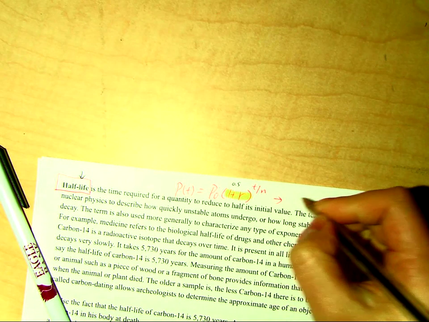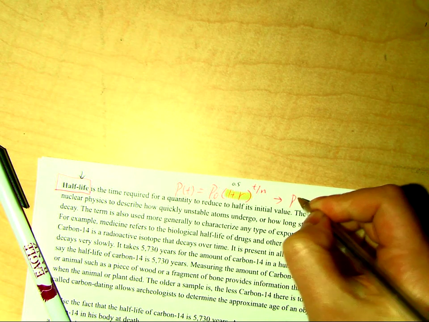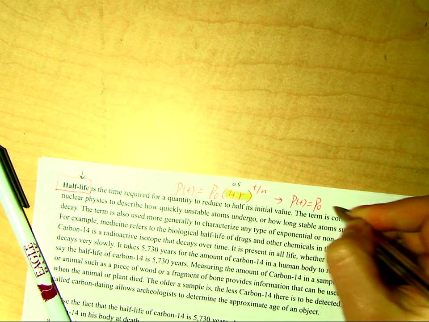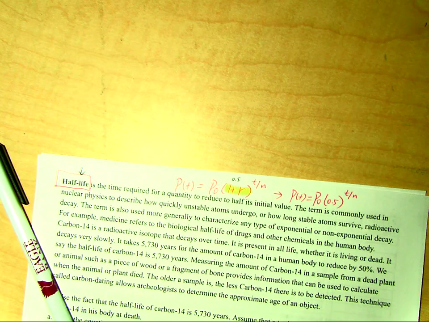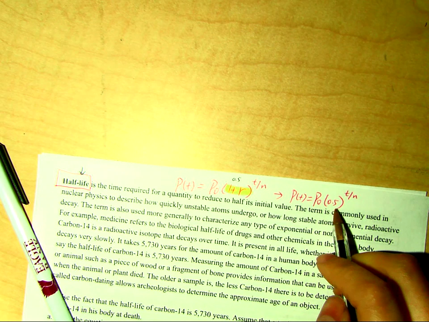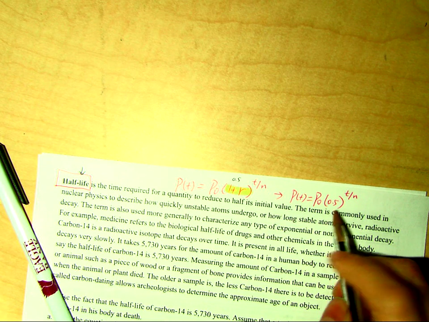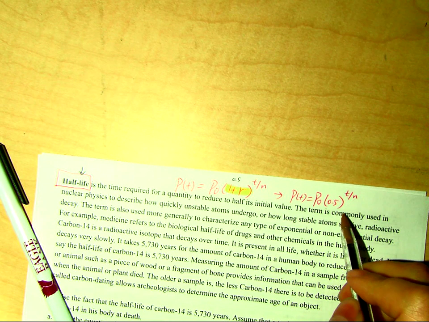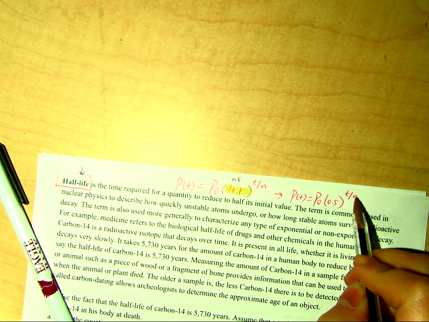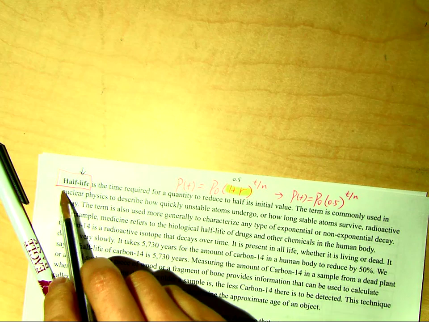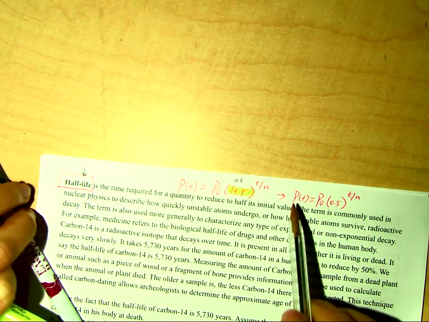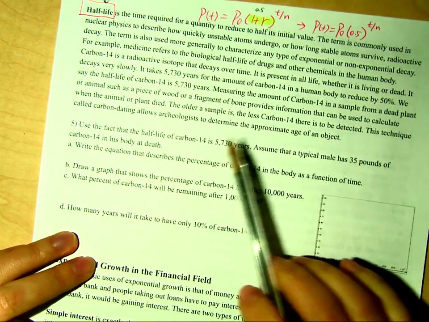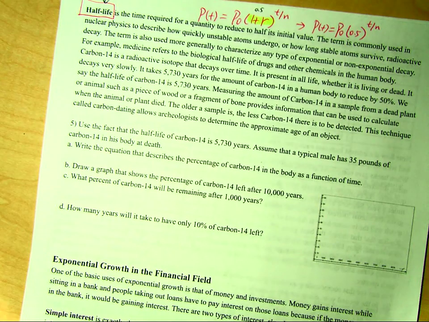So the equation for a half-life problem will be initial times 0.5 power t over n. They won't give you r anymore. You're always using 0.5 inside. And you have the same thing on the outside. The n will tell you how many time periods it takes for this half-life. So that's the only thing different if you have a half-life. And do the same thing for the other part.